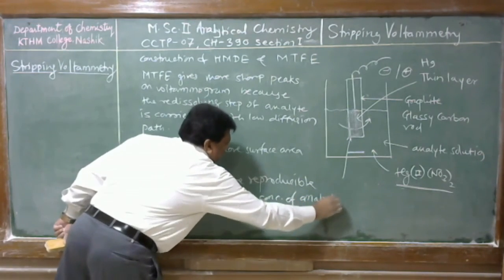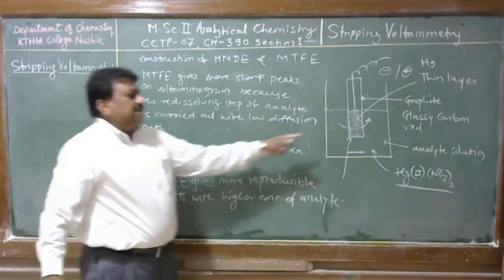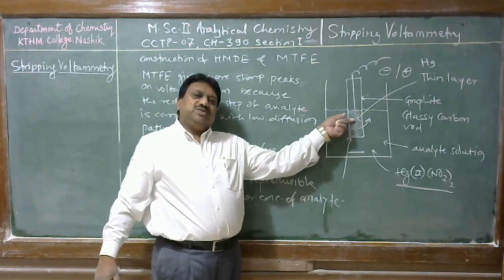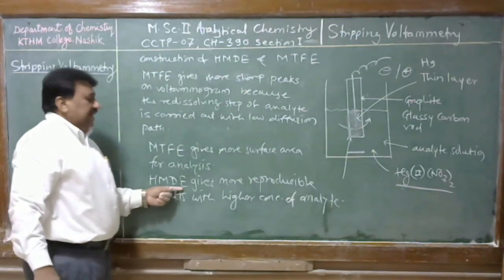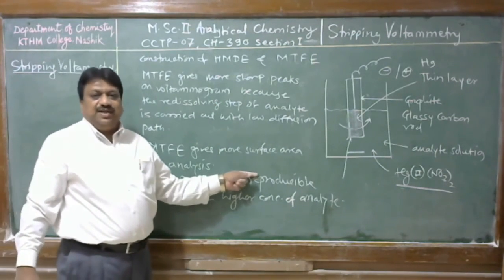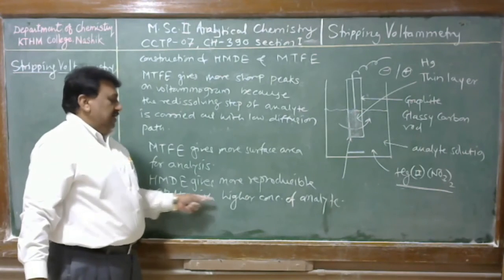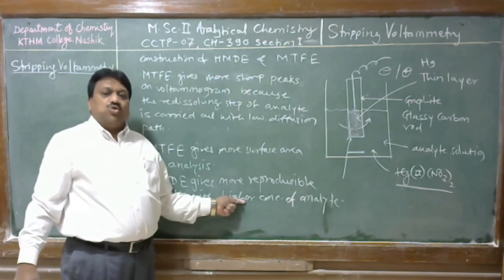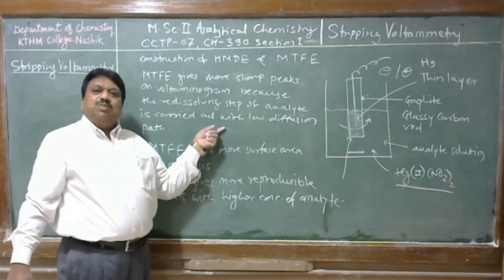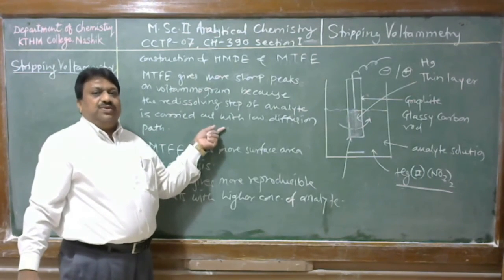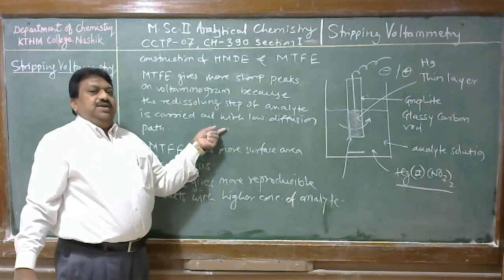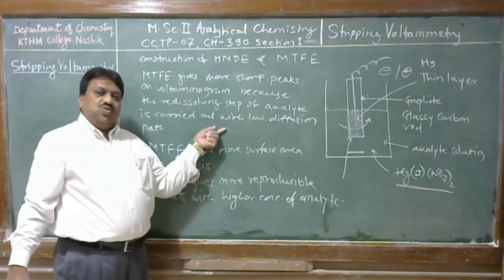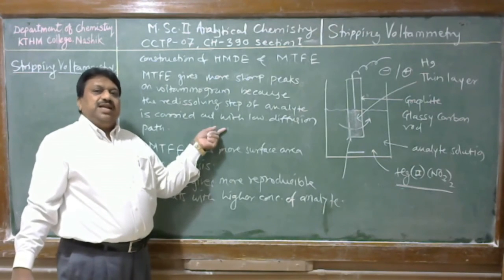That means the capacity of this thin film mercury electrode to deposit the metal ion on its surface is low. Therefore, the hanging mercury drop gives a more reproducible result in an analyte solution having more concentration. Student, this is about the construction and working of the working electrode used in stripping voltammetry. Generally, the hanging mercury drop electrode and the mercury thin film electrode, both made up of mercury, are used.